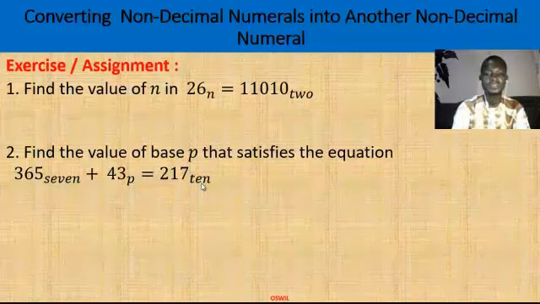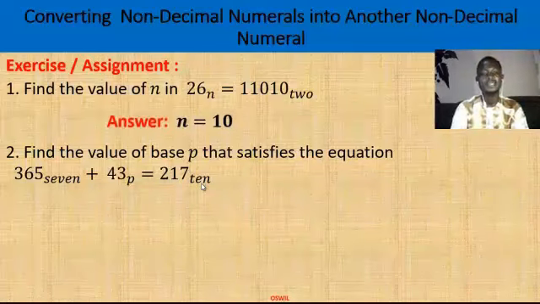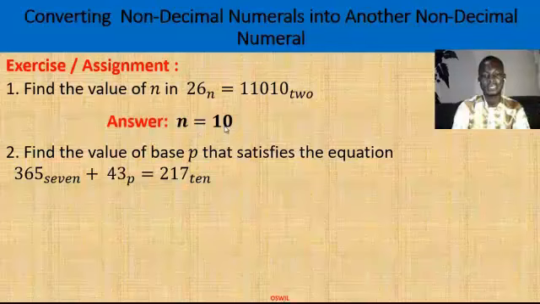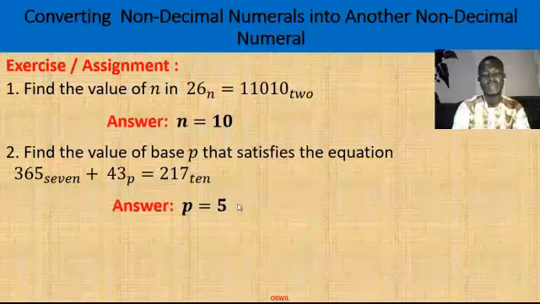Pause the video and find answers to these questions. The answer to question 1 is n equals 10. And the answer to question 2 is p equals 5.